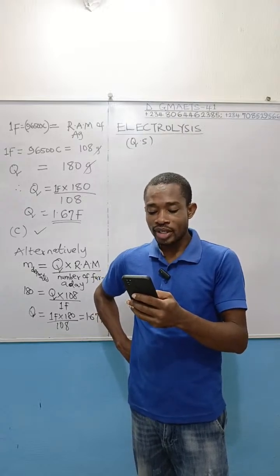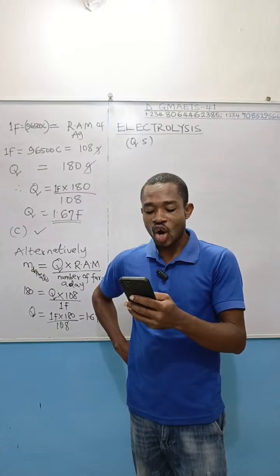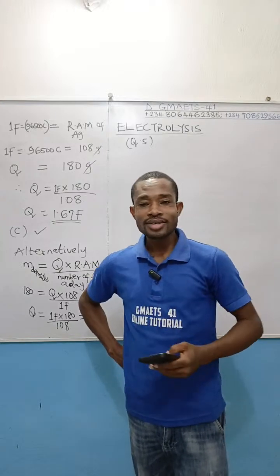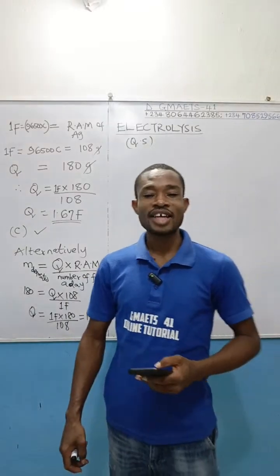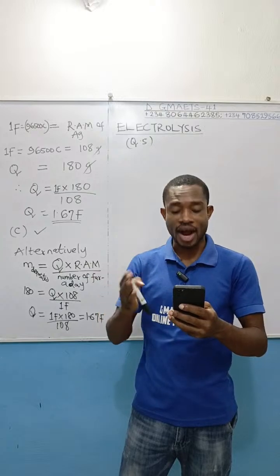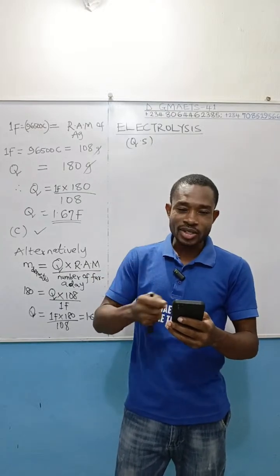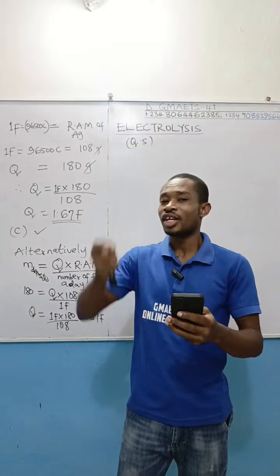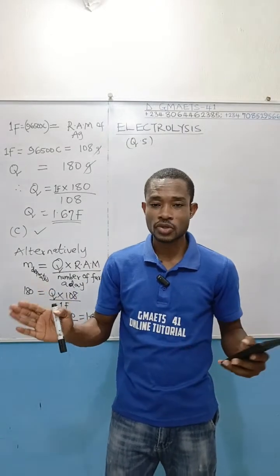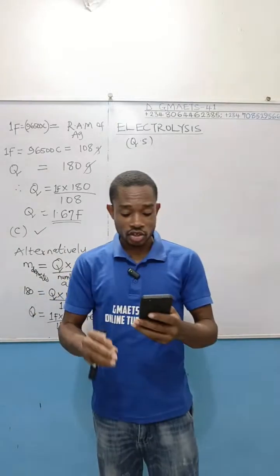Caustic soda is concentrated sodium hydroxide. So the question is telling us which of the following statements is correct during the electrolysis of caustic soda, a concentrated sodium hydroxide solution, using platinum electrodes. That is to say, the anode and the cathode are both platinum electrodes.